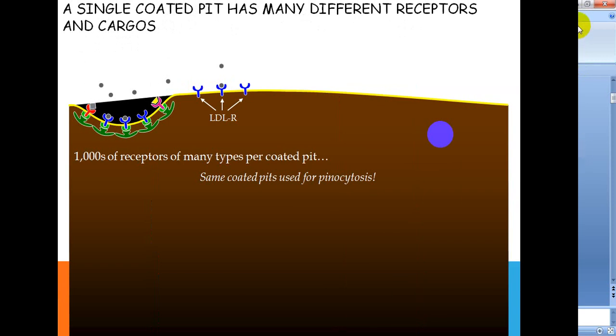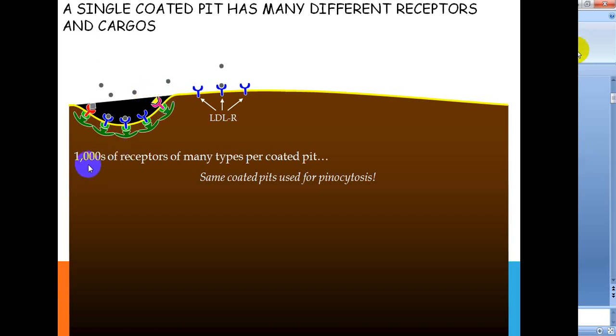Now a single coated pit can have many different receptors, so it can also carry different cargo molecules. So here is one kind of cargo molecule, this is another kind of cargo molecule, and this is also another kind of cargo molecule.